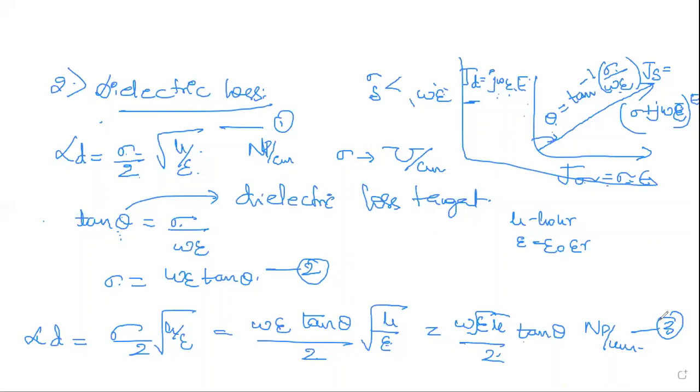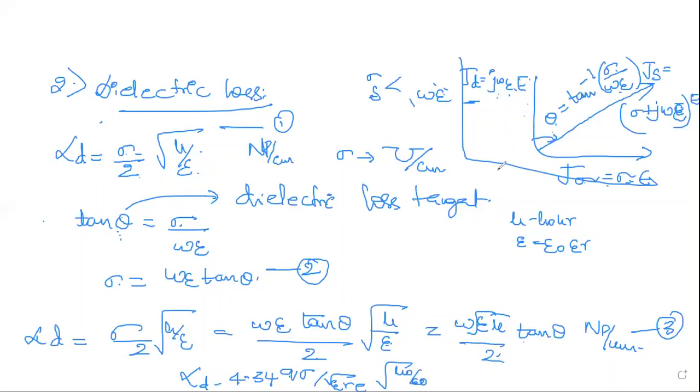So you will be considering mu r and epsilon r as 1 here and substitute for the same equation which you have got here for mu naught and epsilon naught. So if you substitute it, the equation of alpha d is nothing but 4.34 q epsilon by square root of epsilon re square root of mu by epsilon naught.